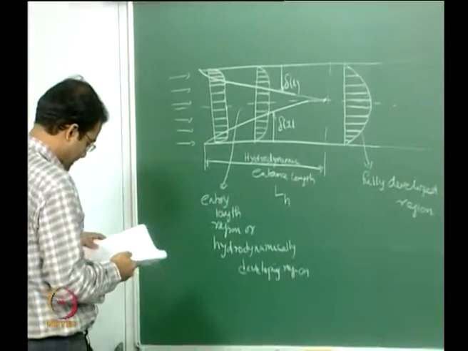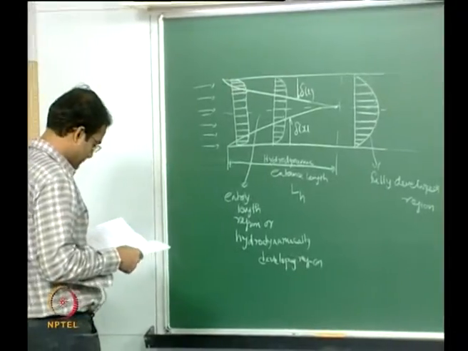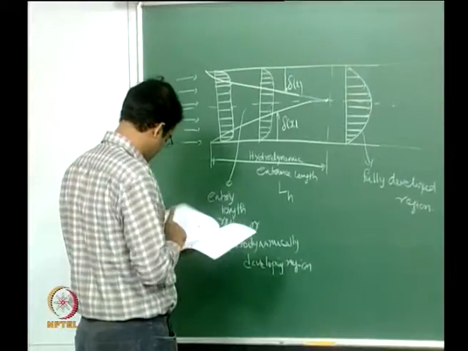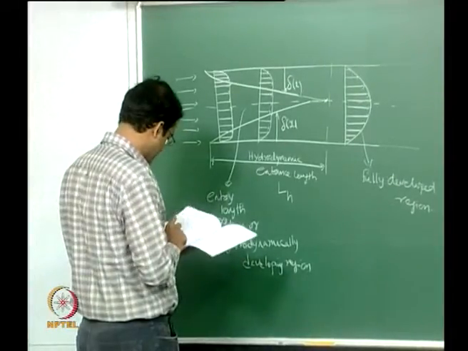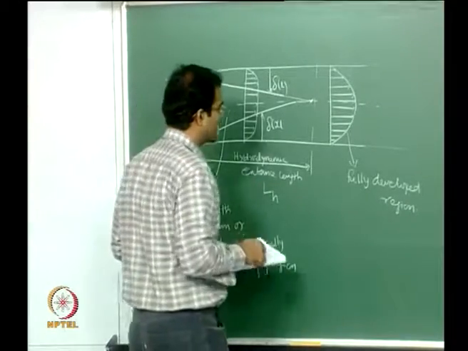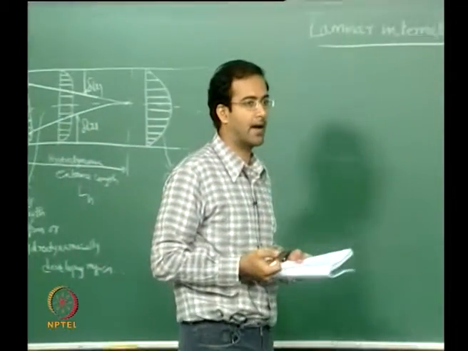So this is the characteristic of internal flows, and in order to really understand how to calculate the hydrodynamic entrance length, there are several hand waving correlations.